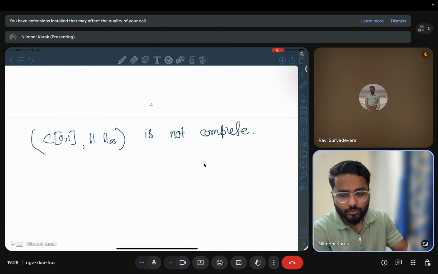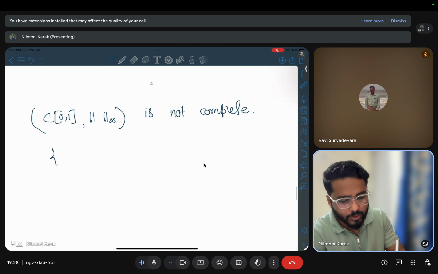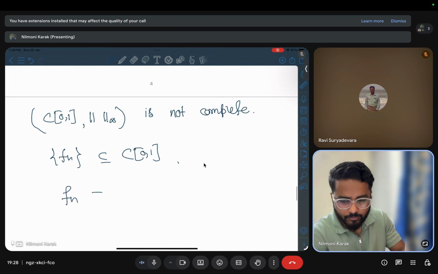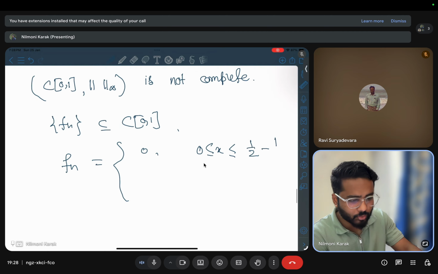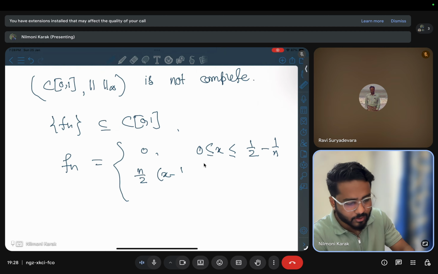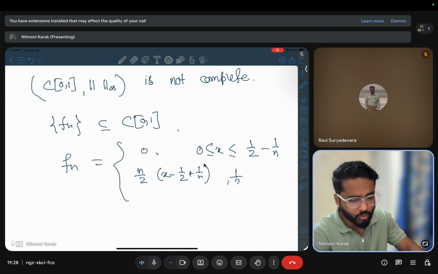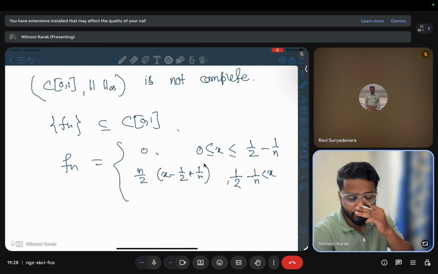So Fn, like we are taking like this: Fn equals 0 when 0 ≤ x ≤ 1/2 − 1/n, and (n/2)x − 1/2 + 1/n in the middle, and 1 when 1/2 + 1/n ≤ x ≤ 1. You can draw this graph for clear visualization.